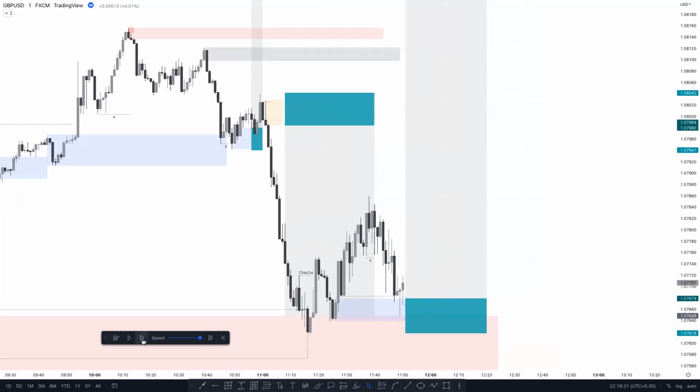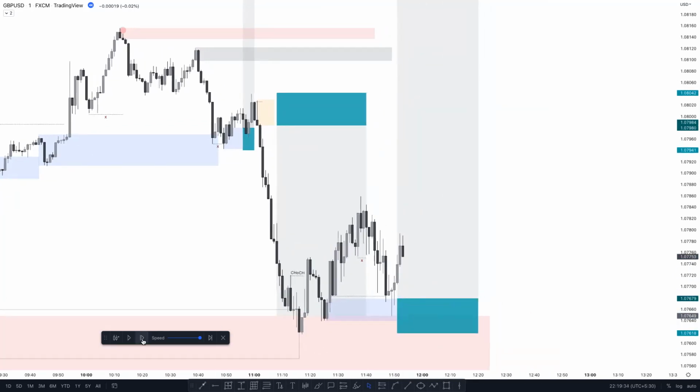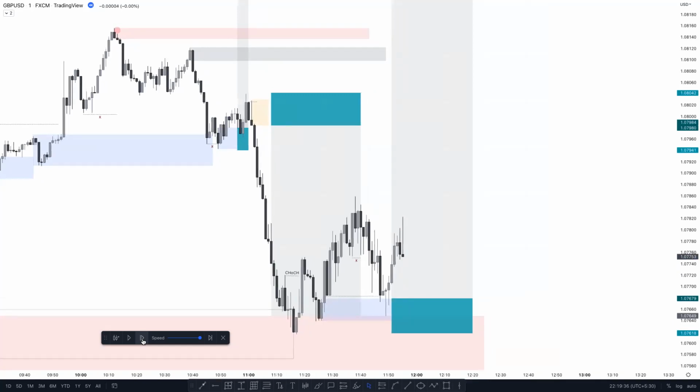So let's see. Okay. And this one is our minor chalk, right? So in this case, where is our inducement after this minor chalk? The first inducement is here, right? Exactly.